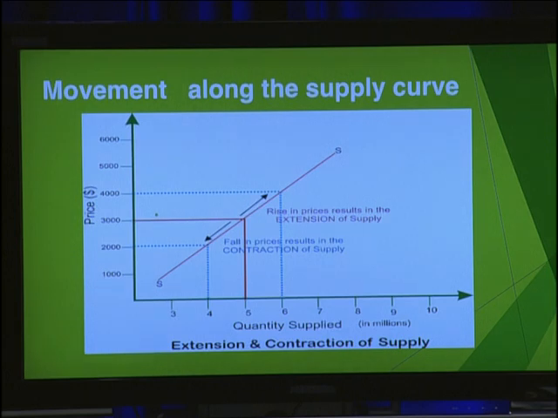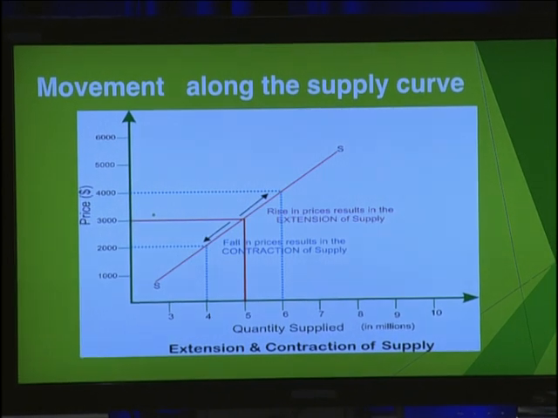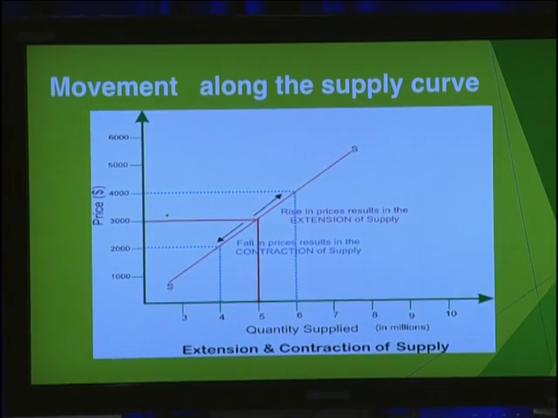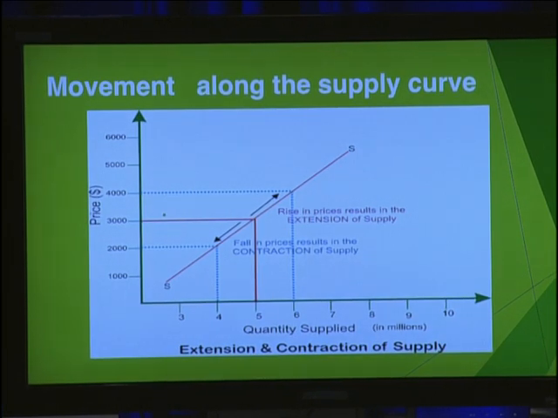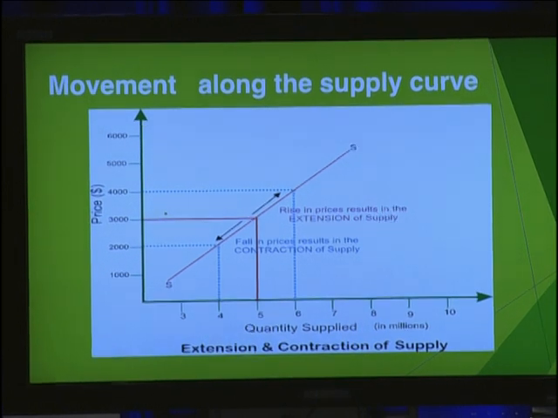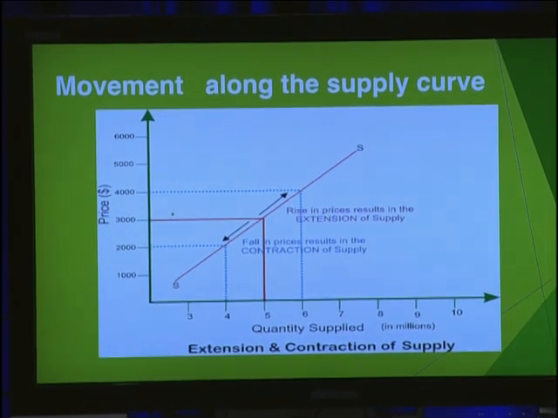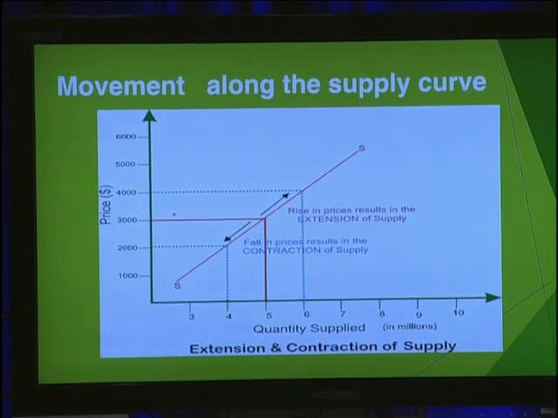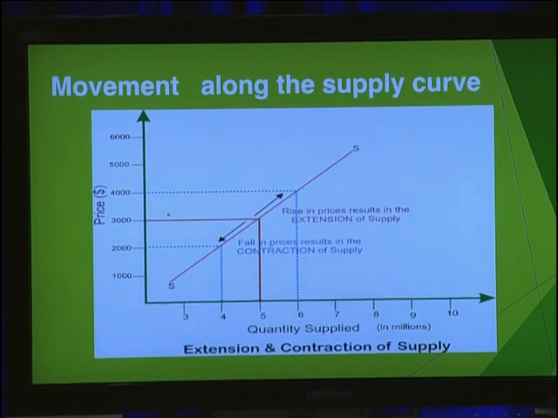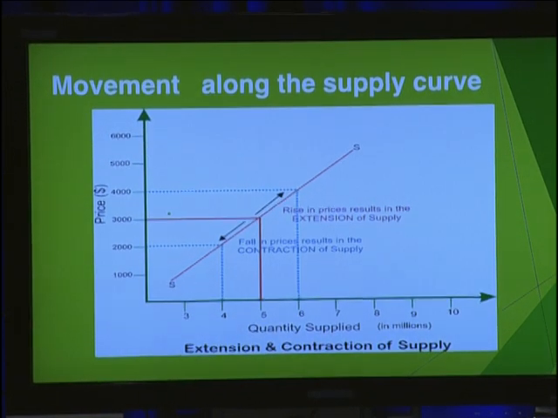So on the y-axis we have the price, on the x-axis we have the quantity supplied. If you remember the supply schedule with which we derived the supply curve, you can understand the original price at which a producer was supplying. Can you guess? Absolutely, it's $3,000.